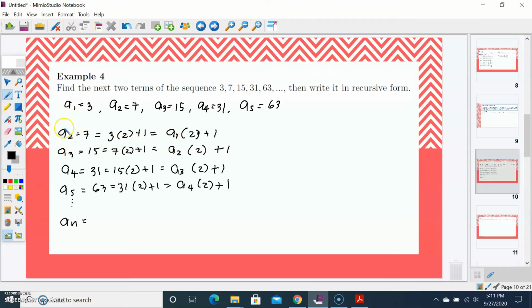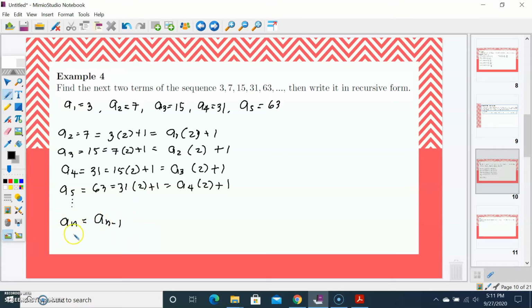So in order for us to get the value of a sub 2, what we do is we multiply 2 to the previous term, which is a sub 1. Going back to a sub n, what is the previous term, or the term before a sub n? That is a sub n minus 1.